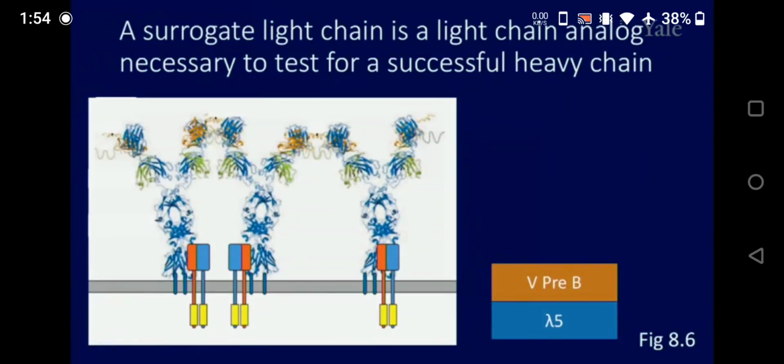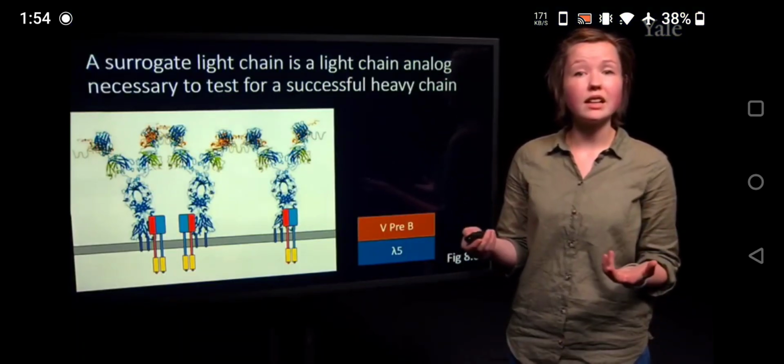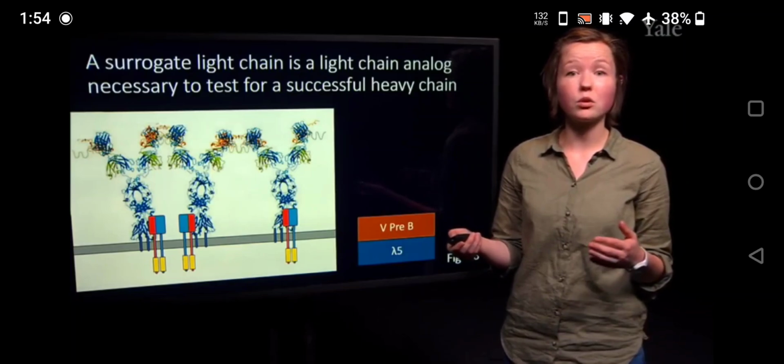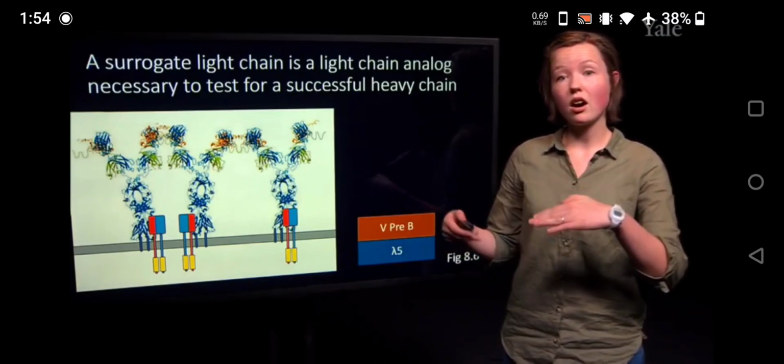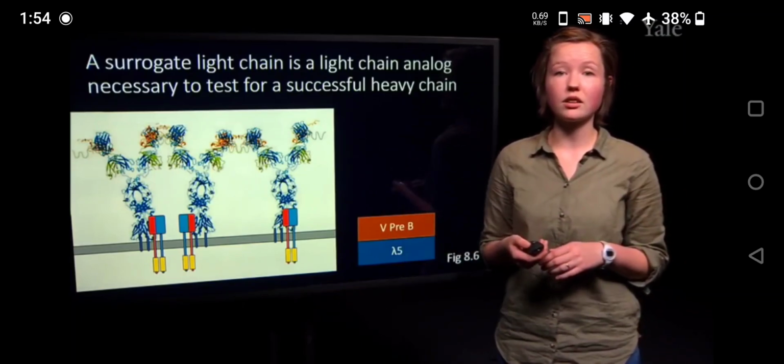One of the ways that the B cell overcomes this problem is by expression of a surrogate light chain. This takes the place of the light chain and allows for secretion from the ER to be expressed on the cell surface of the B cell.